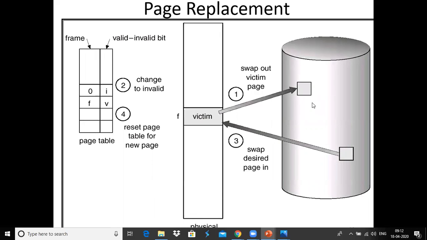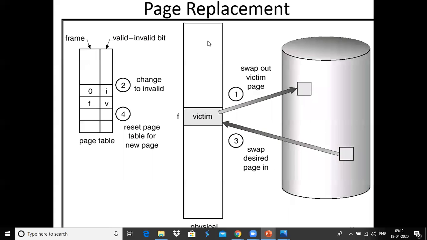If the memory is already filled, if the whole memory is already filled, then you will apply a page replacement algorithm. Which frame will you replace? If the physical memory is already filled, which frame will you select for replacement?